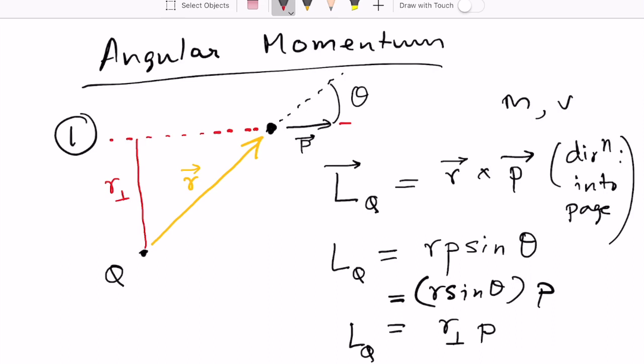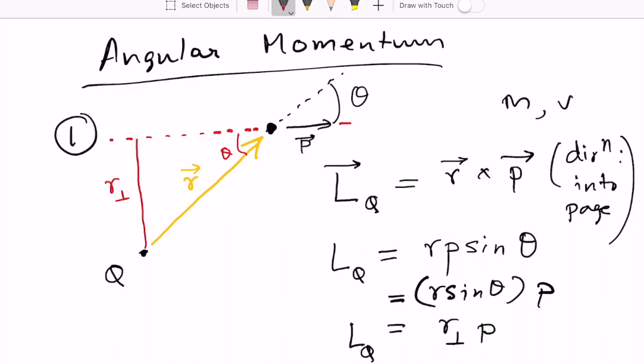And geometrically you can see that it's just r sine theta. So an easy way of calculating the angular momentum is to just use the lever arm if the lever arm is obvious. If in a certain problem the lever arm seems obvious, you can just do lever arm multiplied by linear momentum to get the angular momentum.